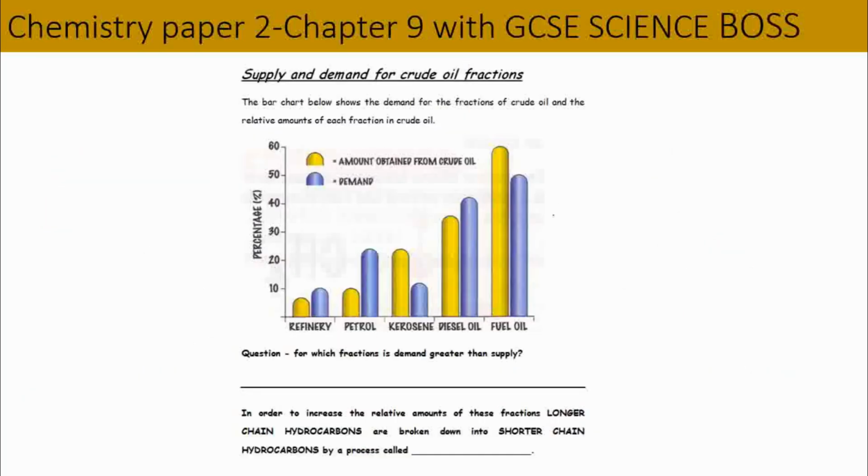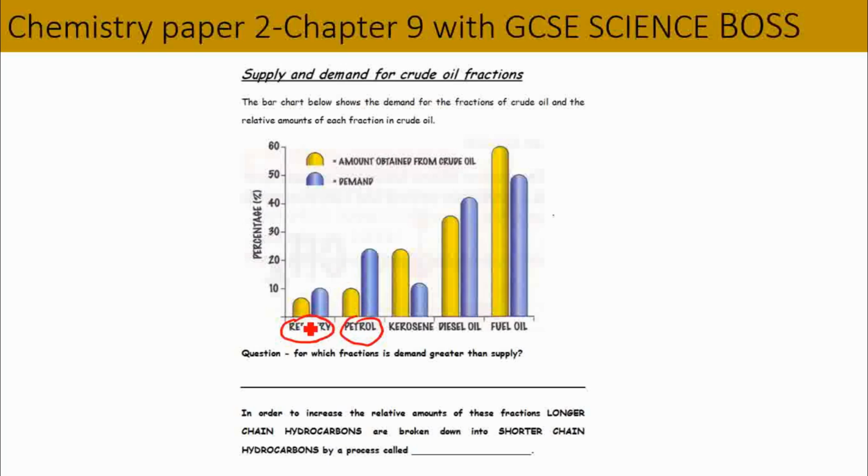Okay? Now, the final bit for this chapter is, if you look at this graph, what it is showing is that for your very small hydrocarbons, the demand is greater than the amount you get from the crude oil. So your small hydrocarbons, they're in demand.